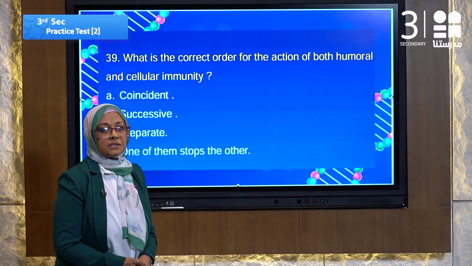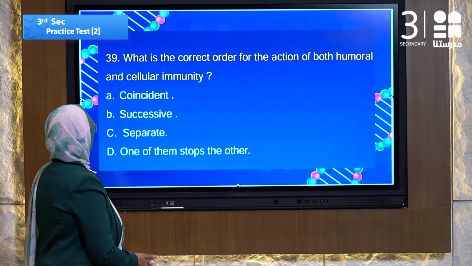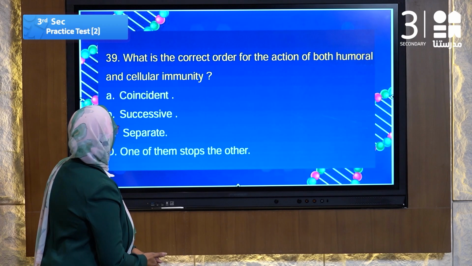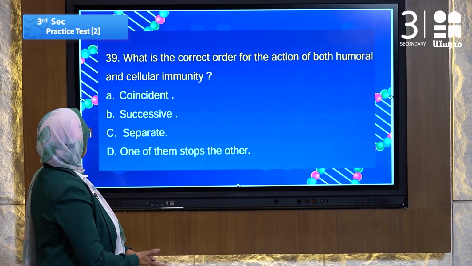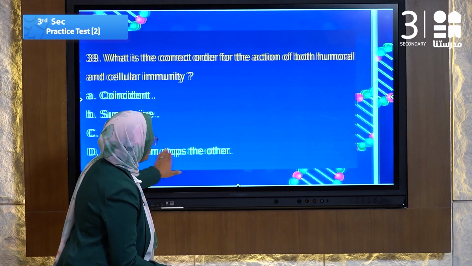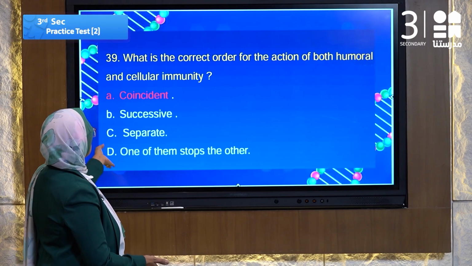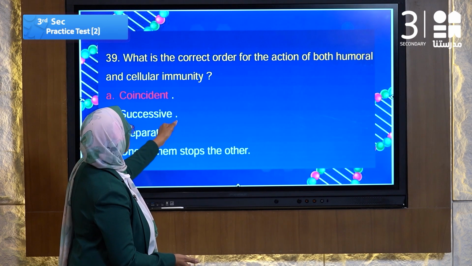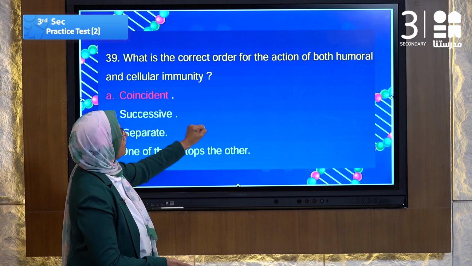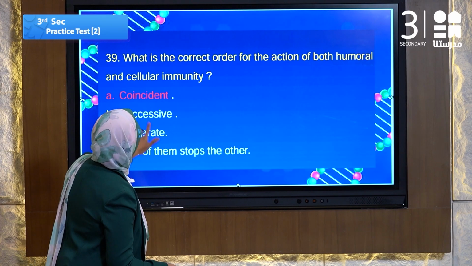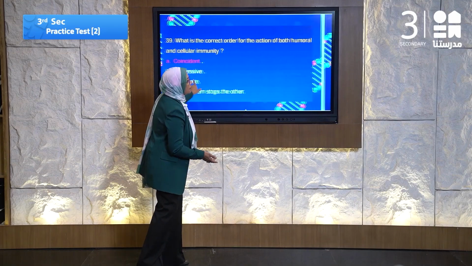There are many choices: coincident, successive, separate, or one of them stops the other. The answer is coincident. Yes, there is a relation between humoral and cellular immunity by coincidence.